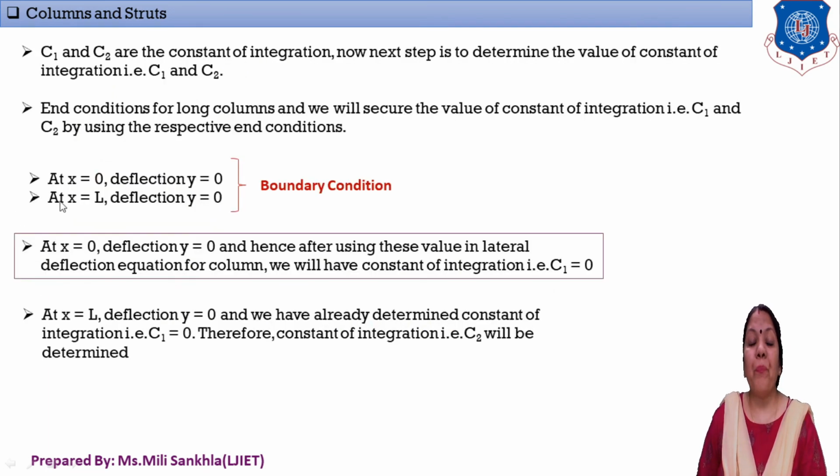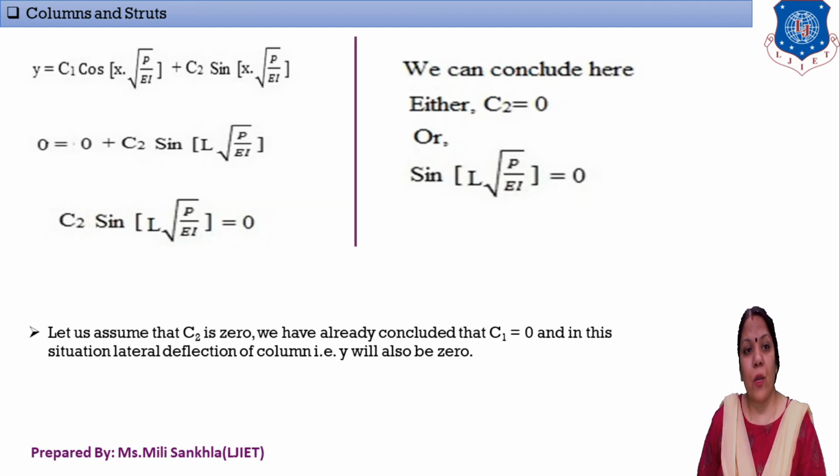Now we apply the second boundary condition at support B. At support B our length of column is L, so x is equal to L, but at that point again y is equal to 0. Now we apply this value in our differential equation. y is equal to C1 cos x under root P upon EI plus C2 sin x under root P upon EI.